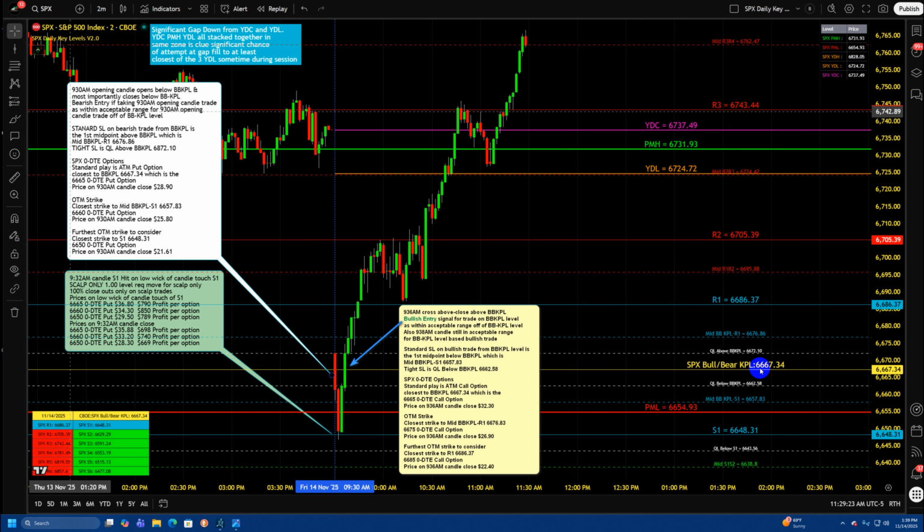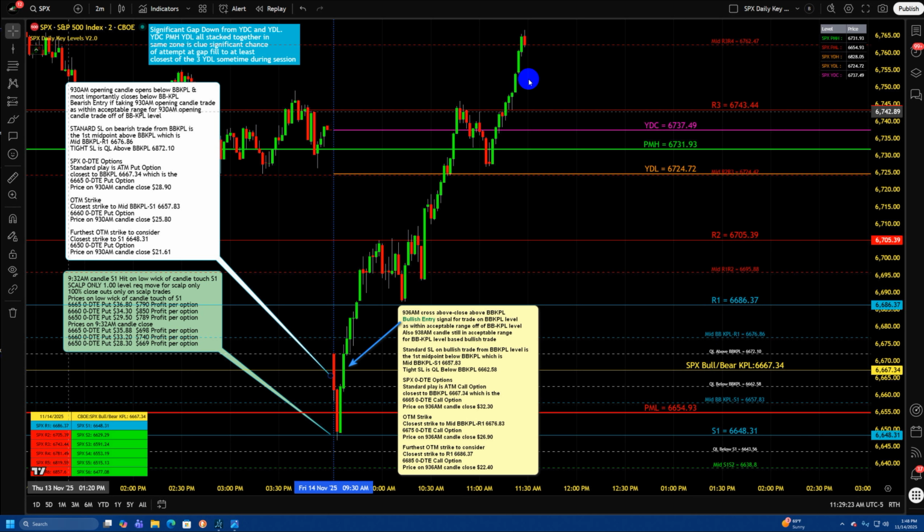In this case, the bull-bear KPL level, the level we're taking the trade from, we look 1 full main level down, and that is the S1 level, 66.4831. That is between the 66.45 and 66.50 strikes, but it is closest to the 66.50 strike. So that would be your furthest out of the money strike you can consider. Anything else past that is too far out of the money.